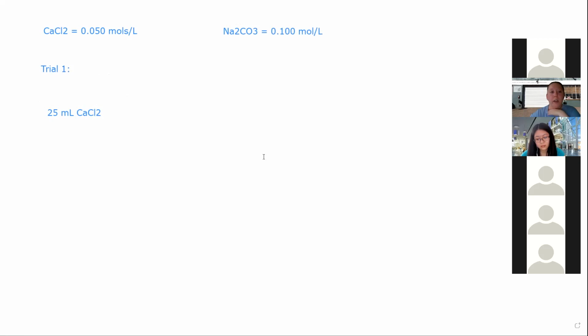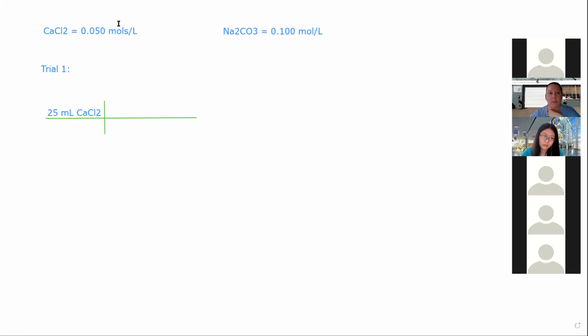So we know that we are starting with 25 mils of calcium chloride. We also know that the solution of this 25 milliliters is 0.05 moles per liter. So we need to go from milliliters to moles.